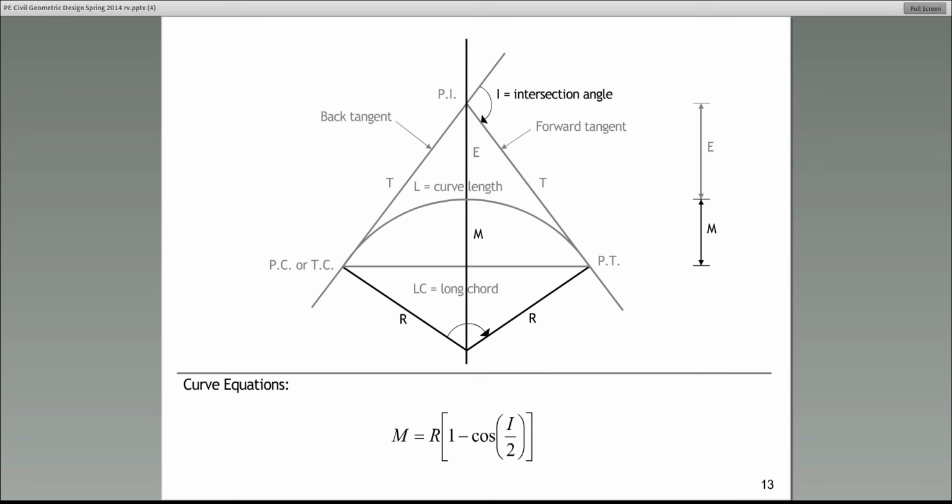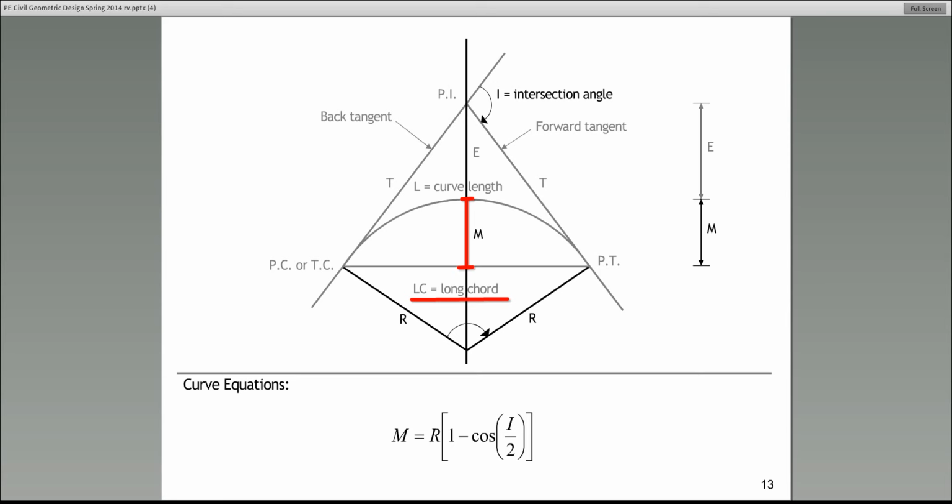All right, continuing with these curve equations, the next one relates, look at the sketch here. What I'm highlighting in red, we refer to that distance as M, capital M, and that is called middle ordinate. Middle ordinate, write it down. And that is the straight line that connects the midpoint of the curve to the midpoint of what we call long chord.